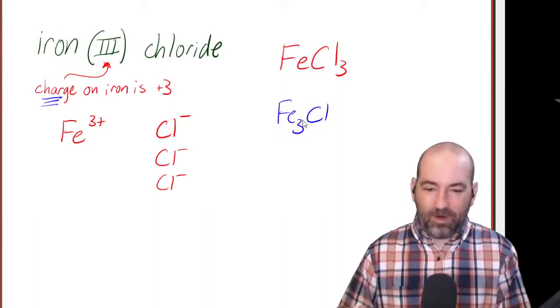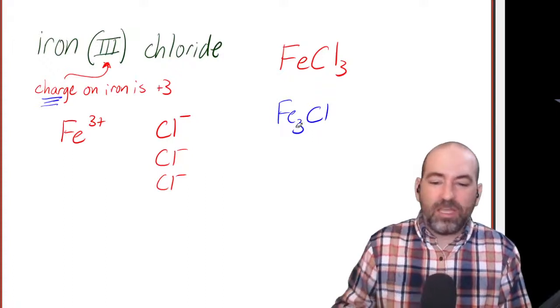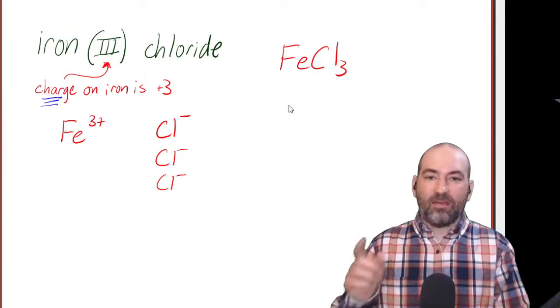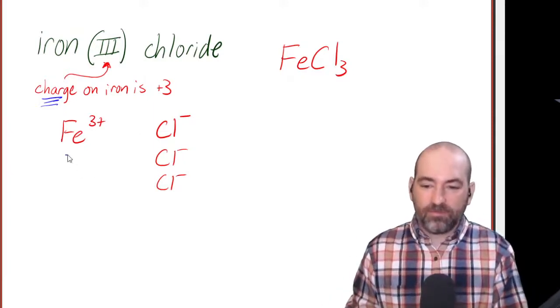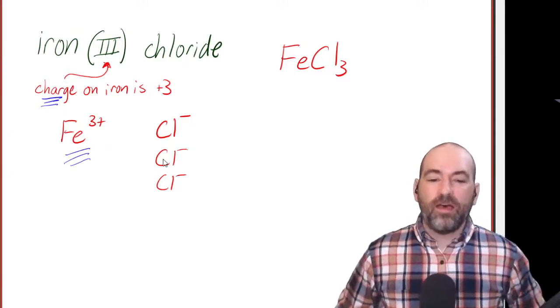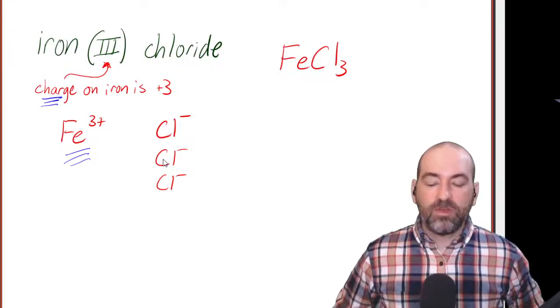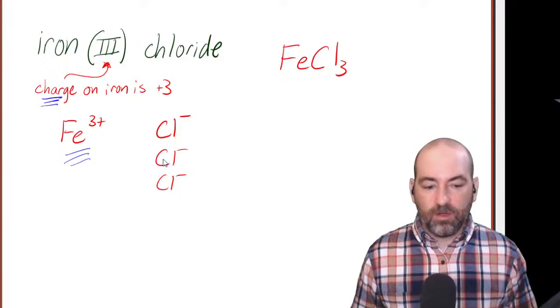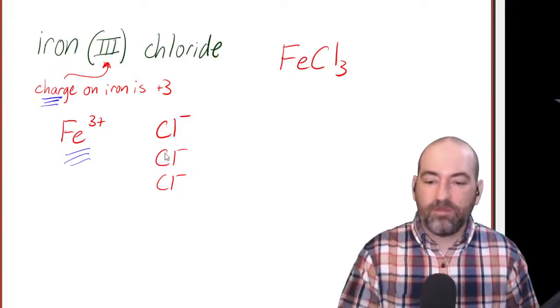But that's not how it works, because that number would change depending on the counter ion. So iron 3 is a specific ion, iron plus 3. And you can't get the subscripts directly from the Roman numeral. You get the charge from the Roman numeral, and then you have to still figure out the other stuff.